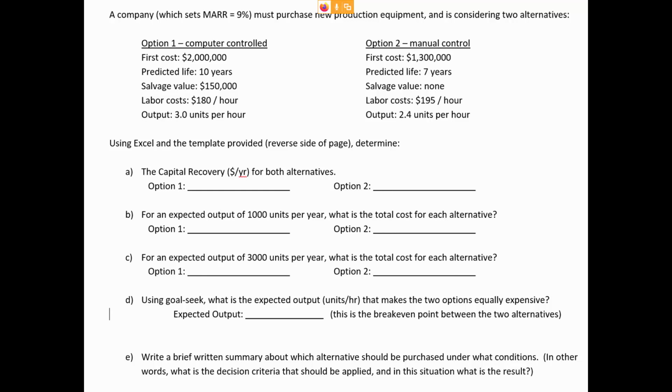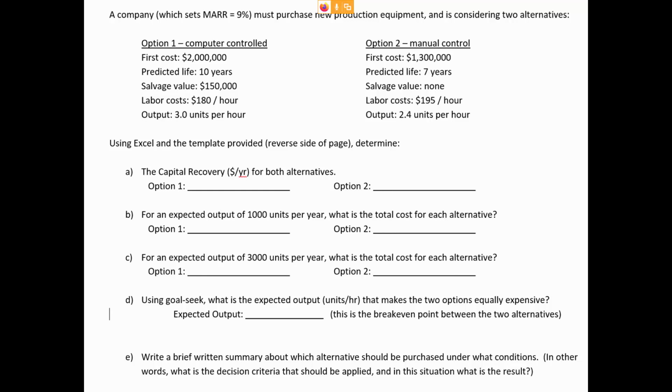The labor costs are also cheaper on option 1. I think part of the reason why we like option 1 is that it's computer controlled, and so it doesn't require as many people to be involved with the manufacturing process. The computer is doing some of the work, and it produces the items more quickly. If you look at the output, in an hour, option 1 can make 3 of whatever we're making, whereas option 2 can only make 2.4.